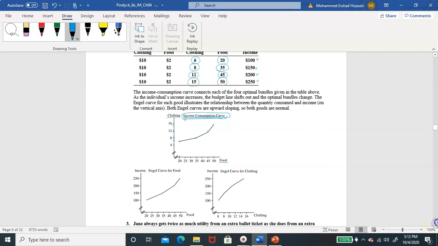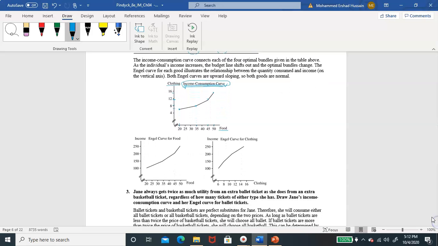Now what about the next one? The next one is the Engel curve, right? Food and income. So here, this is 100, at that level of income this is his demand for food. At that level of income, this is 35, their demand for food. See? So this is for food.